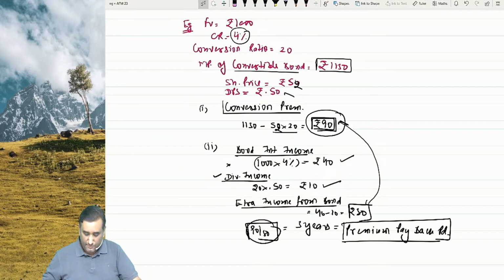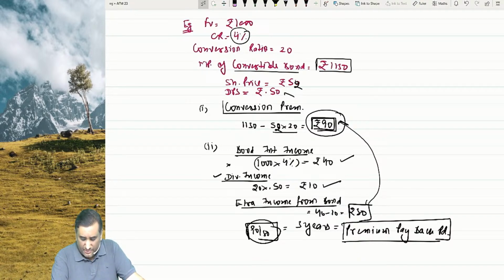The premium payback period can also be termed as the break even time.